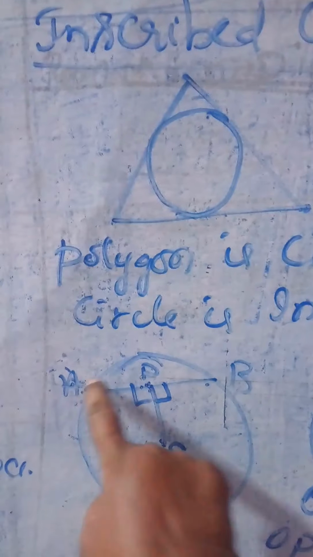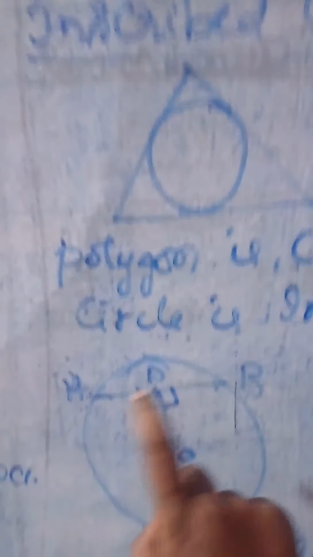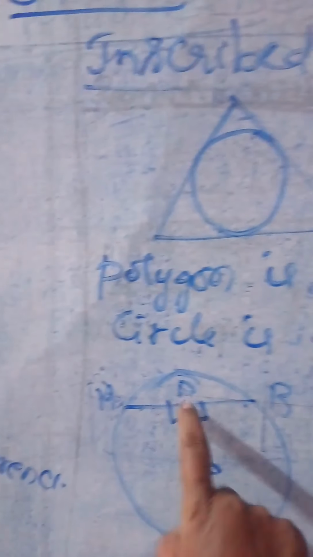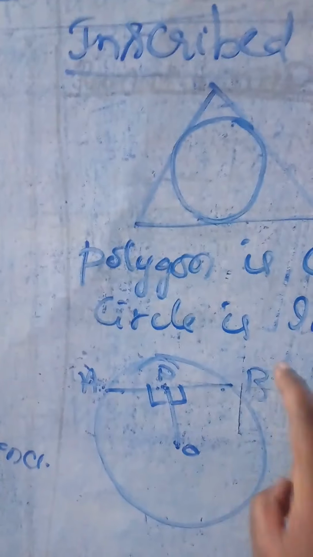OP is perpendicular to AB. Now, when OP is perpendicular to AB, AB is divided into two halves. AP is equal to BP. This you learned in your 9th standard.